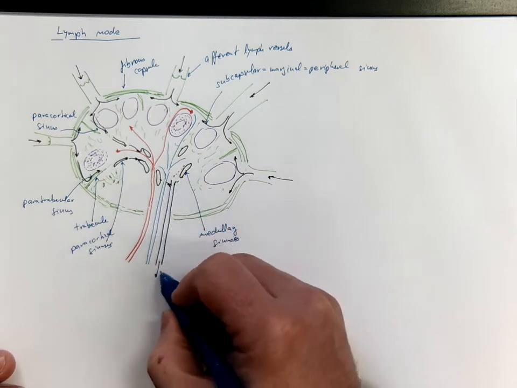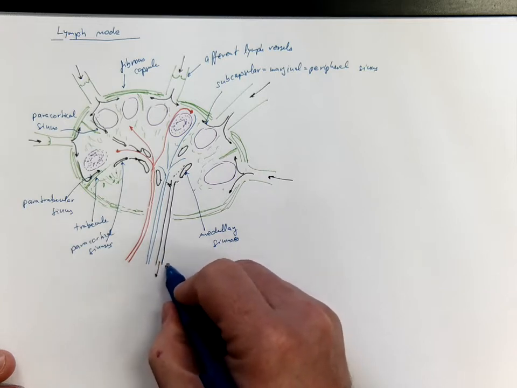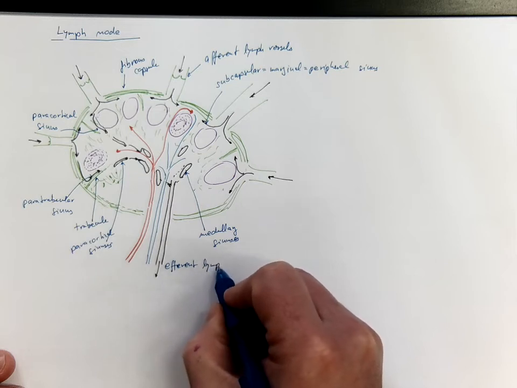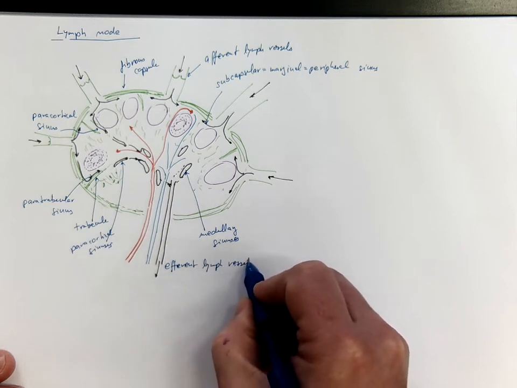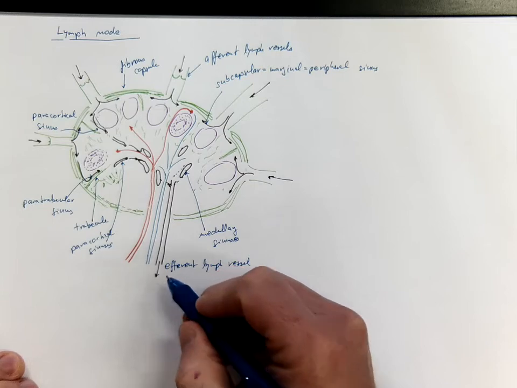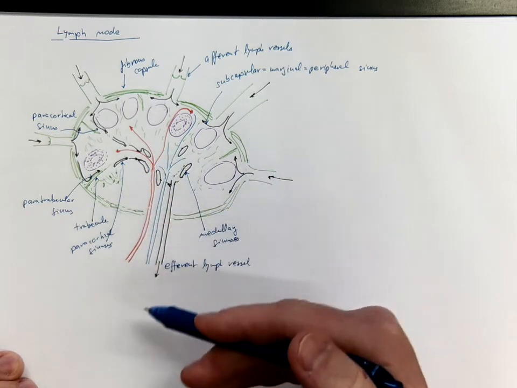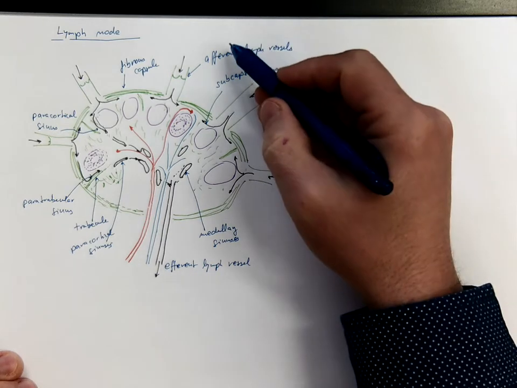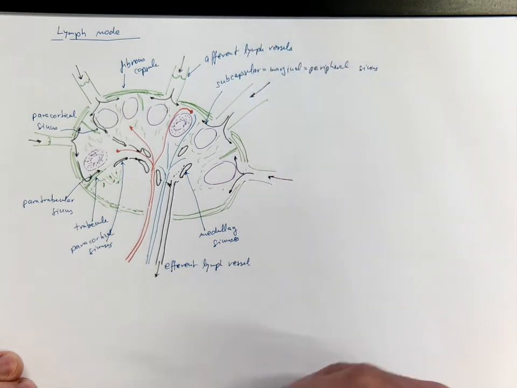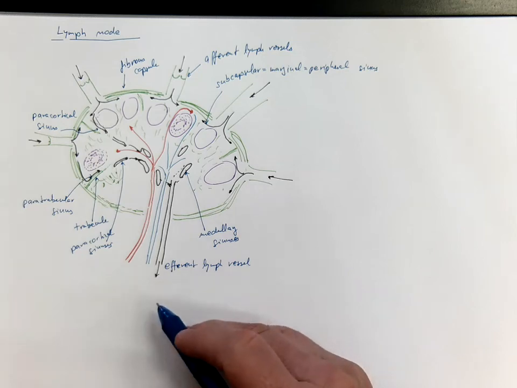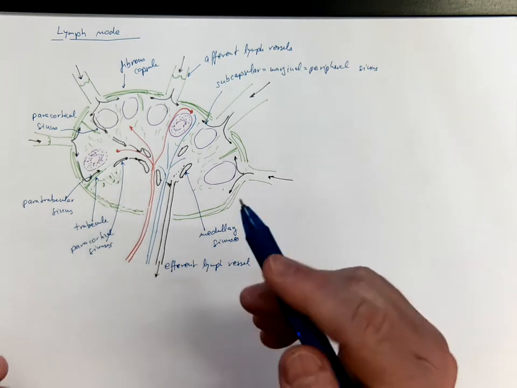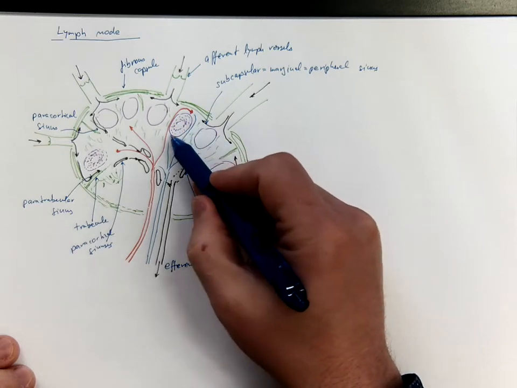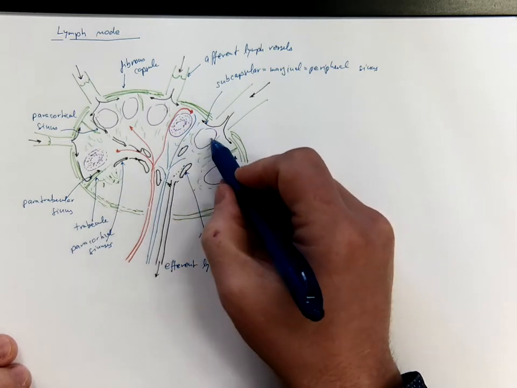Confluence of medullary sinuses produces the efferent lymph vessel. But we know that lymph nodes could be chained. So the efferent lymph vessel could be an afferent lymph vessel of another lymph node to produce chains.